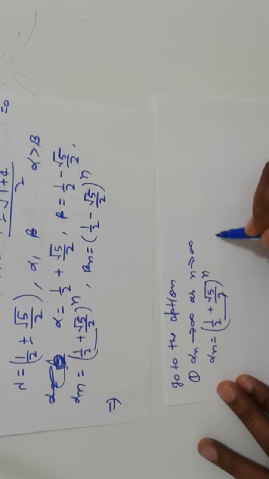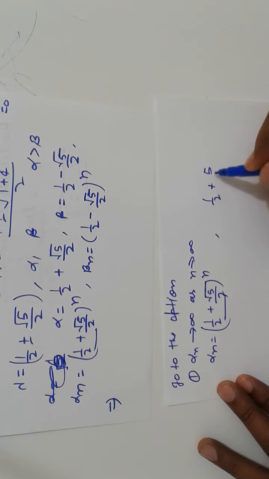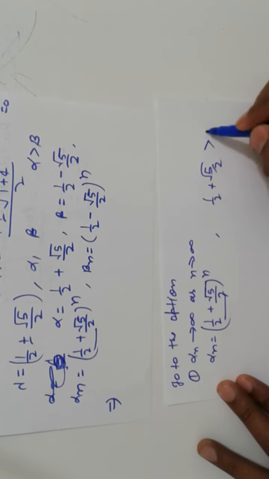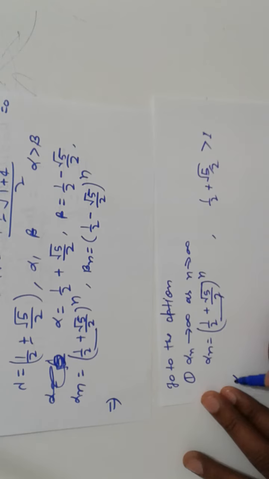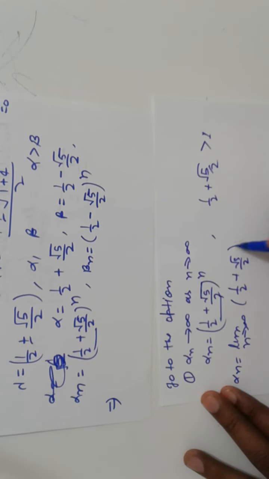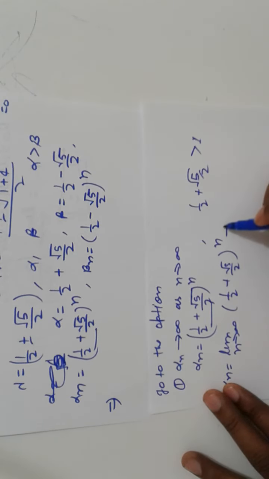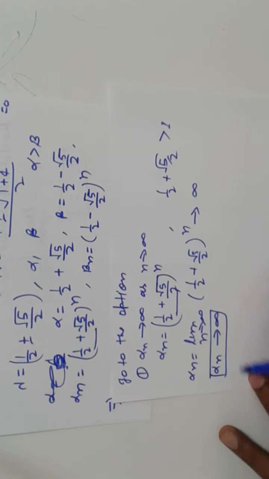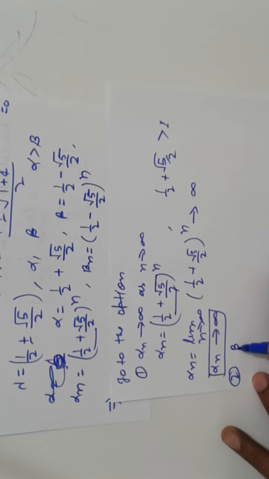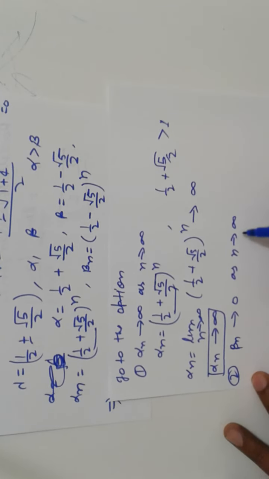Since 1 by 2 plus under root 5 by 2 is greater than 1, the limit as n tends to infinity of 1 by 2 plus under root 5 by 2 raised to power n is tending to infinity. So alpha n tends to infinity.